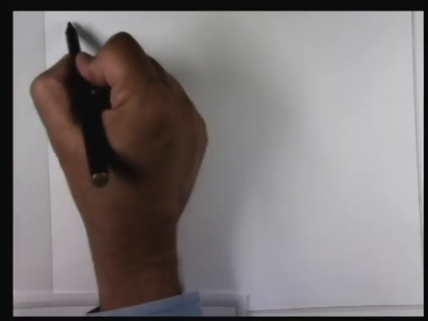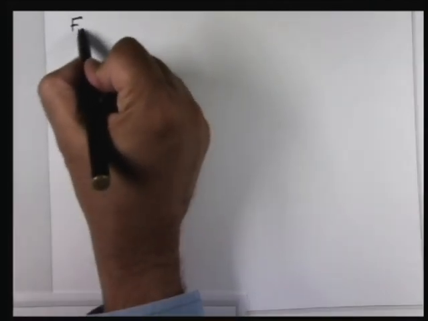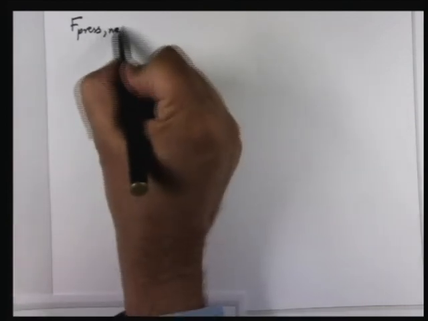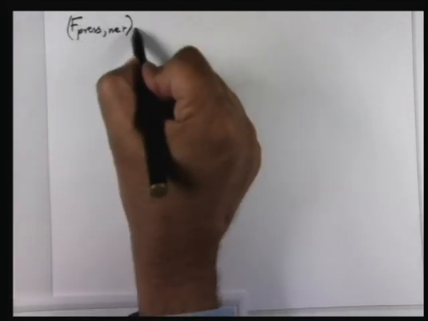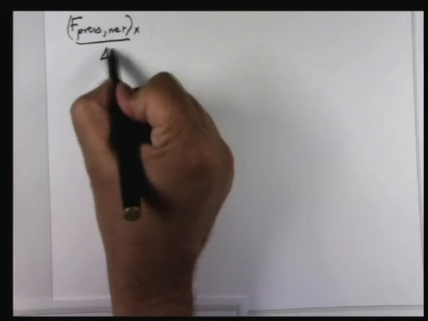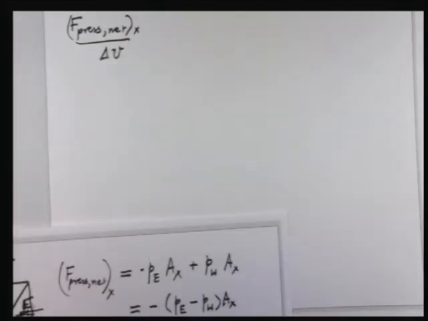So now what we want is F pressure, the net force due to pressure in the X direction, by delta V, which is the volume of this.